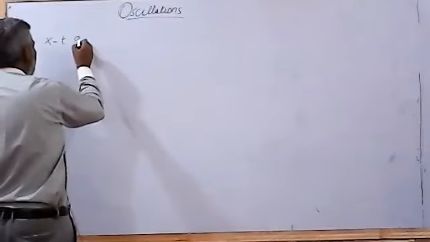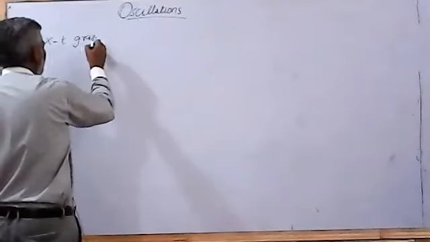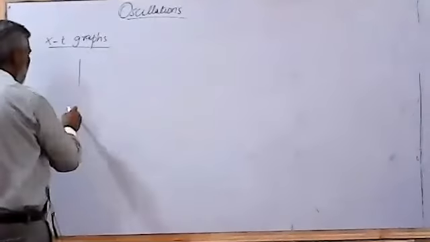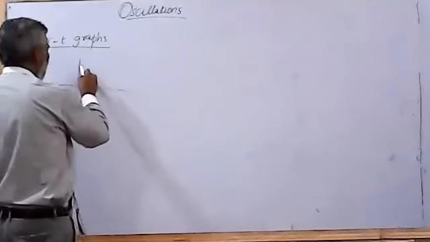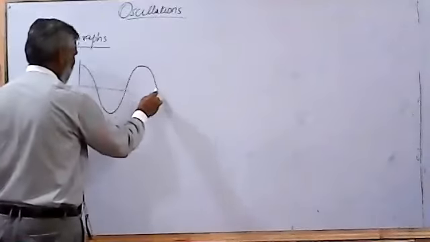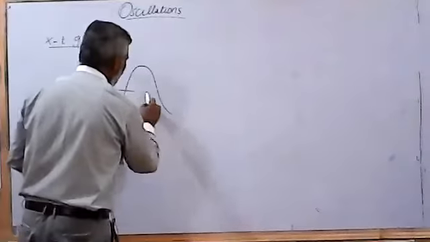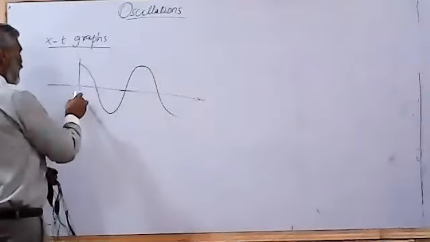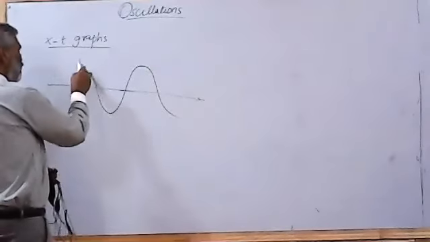XT graphs, which means displacement time graphs, could be represented either in this manner, which means that the object is initially at extreme position.